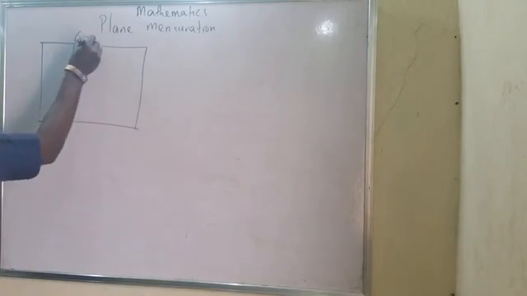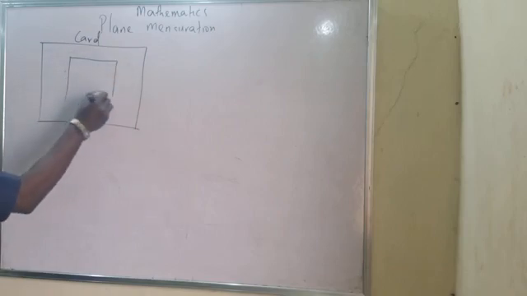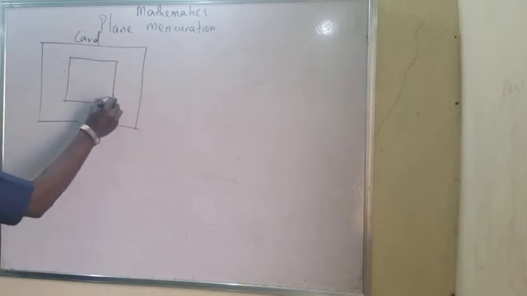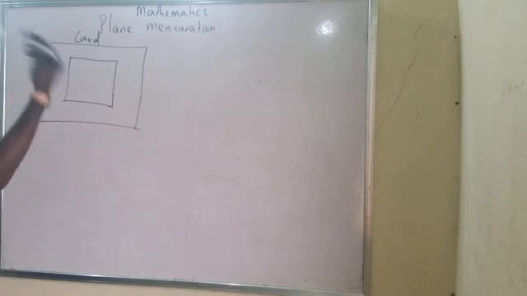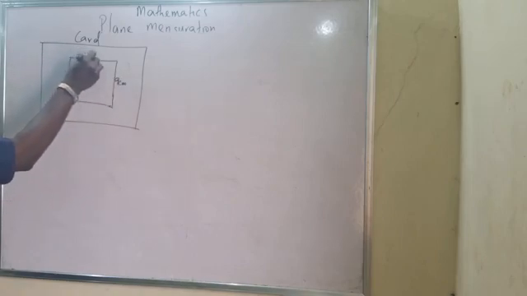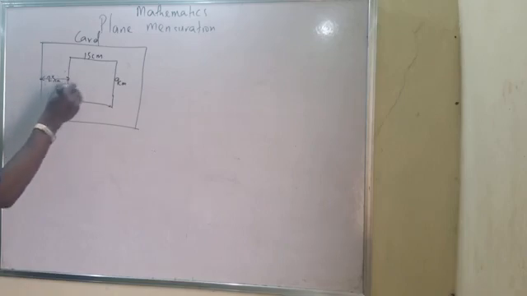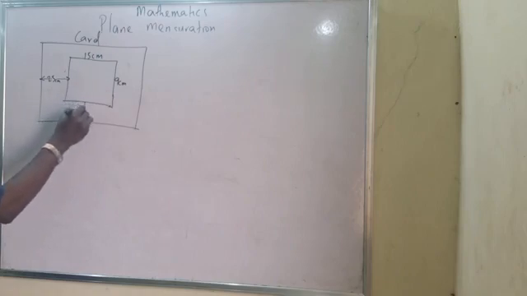It can be a card, and you have a mirror inside of it. Now around it, we have 9 centimeter here, we have 15 centimeter. Now around it, there is a gap. It can be 2.5 centimeter, and also around it to be 2.5 centimeter.